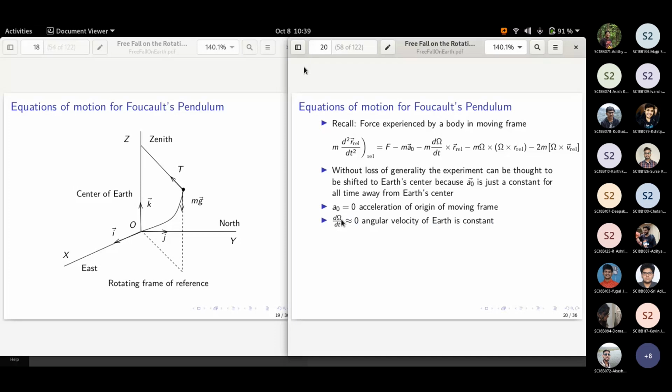In addition to that, earth is assumed to have a constant angular velocity, therefore d omega by dt is 0. In addition, the second order term, that is omega cross omega cross R L, is about 5 orders lower than the omega term.